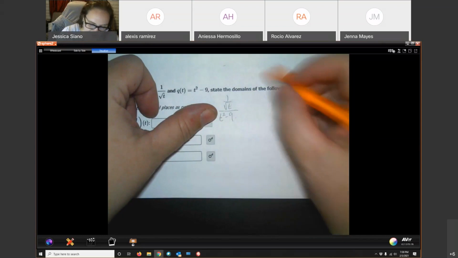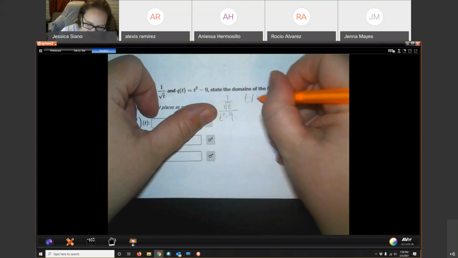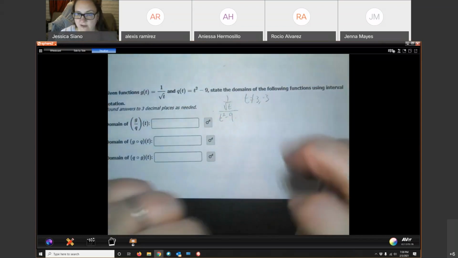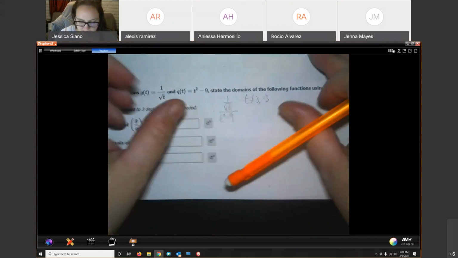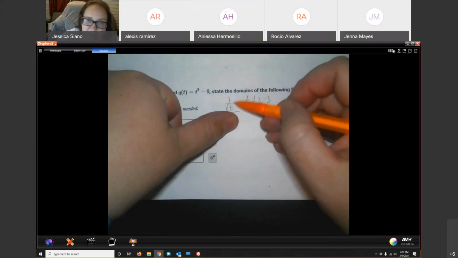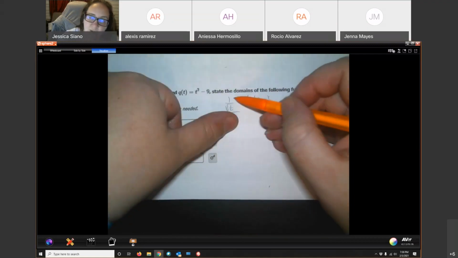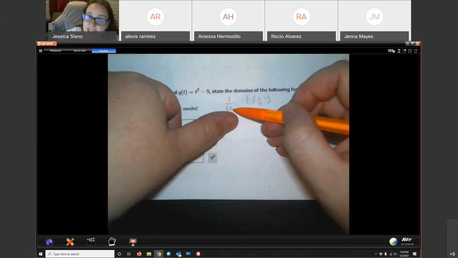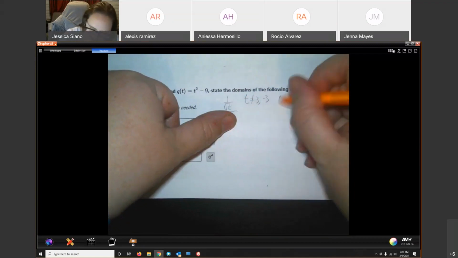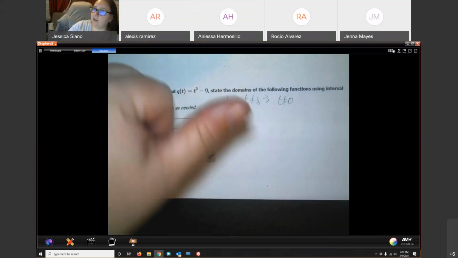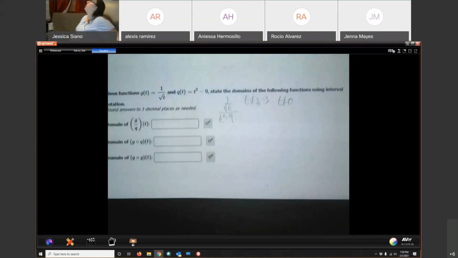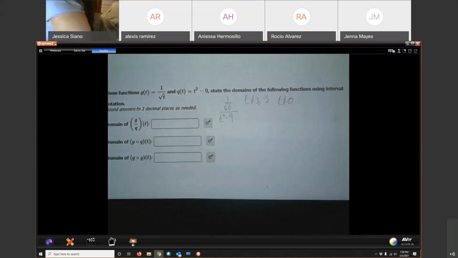So I'm going to start by saying, okay, t is definitely not 3 and it's definitely not negative 3. Now I'm going to look at this fraction. The t in the denominator means that t can't be 0, because the square root of 0 is 0, and then I would have 0 in the denominator of that fraction.